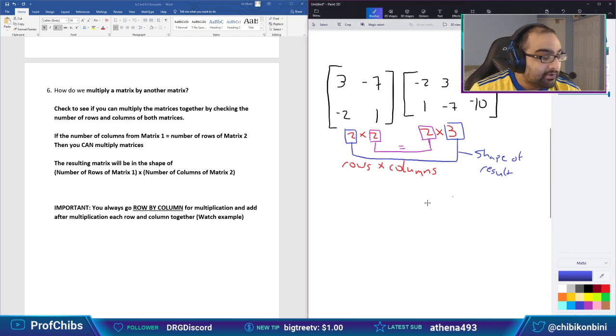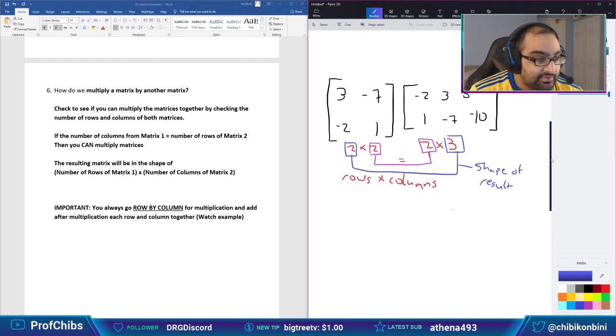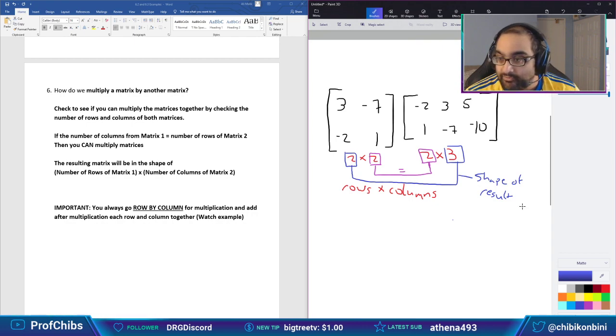So we're going to go first row, first column. Maybe a little tough to see with the numbers, but let me show you what's going to happen, because this part may be a little confusing.